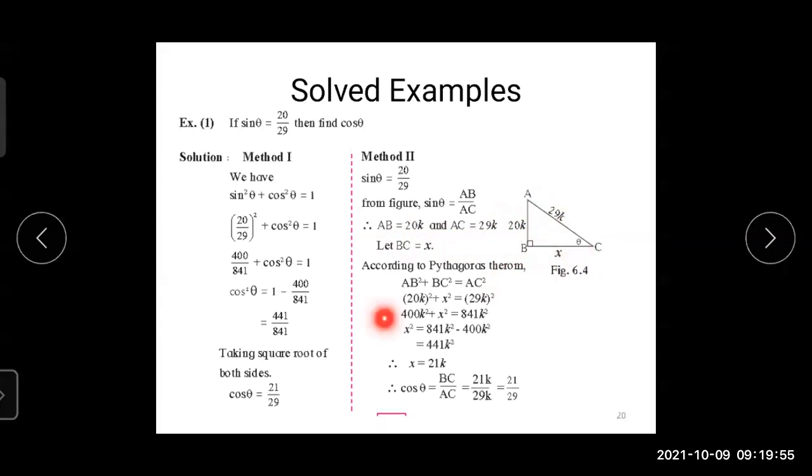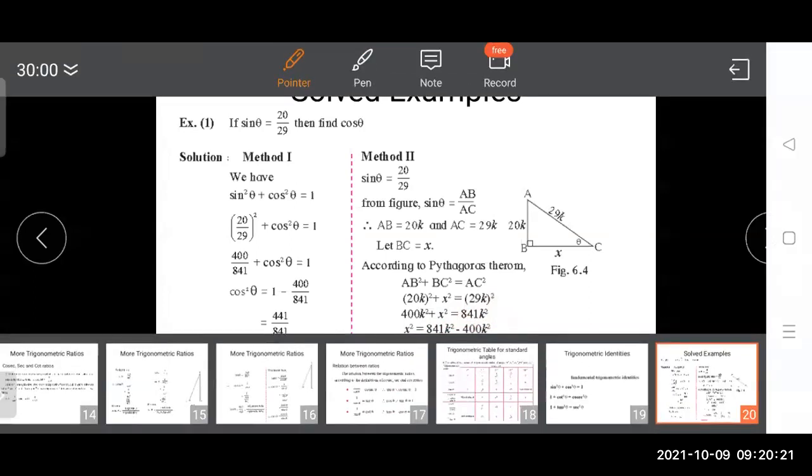So 20K square plus X square is equal to 29K square, that is 400K square plus X square is equal to 841K square. X square will be 841K square minus 400K square, that is 441K square. Therefore, X will be 21. Cos theta is BC upon AC, that is 21K upon 29K, which is 21 upon 29.